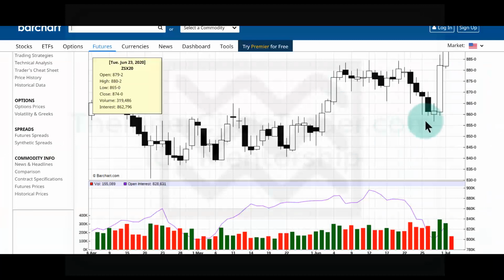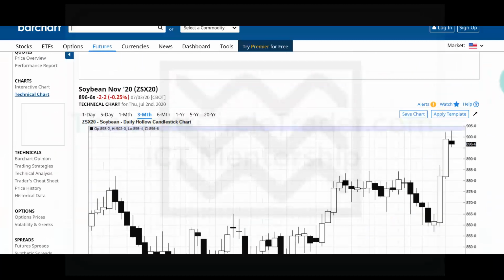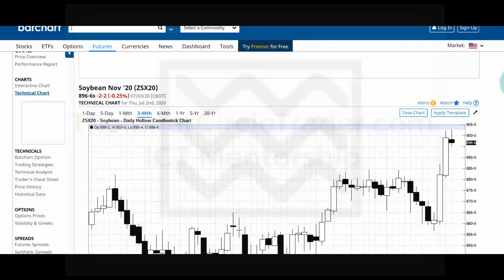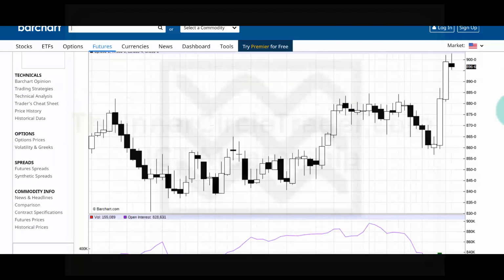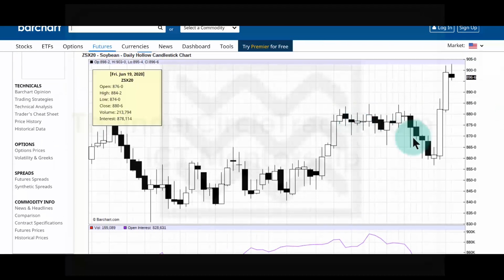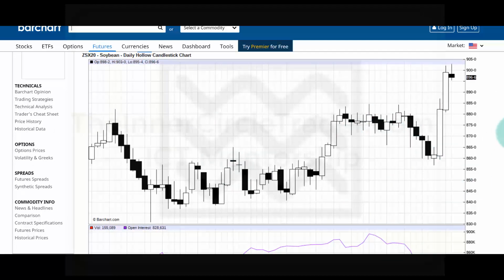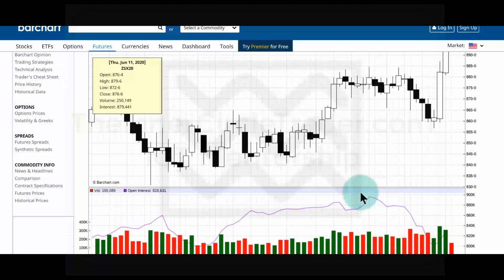what's being shown here is not the same time frame, obviously. This is 3 months on a daily basis. So each one of these candles is one single daily candle, but it's just looking at the last 3 months, so you can really hone in on this decline in open interest. And what's that saying? Its meaning is that there is a lot of short covering.